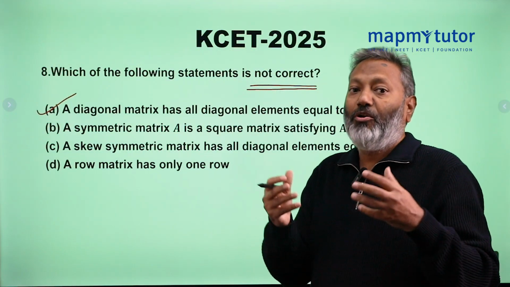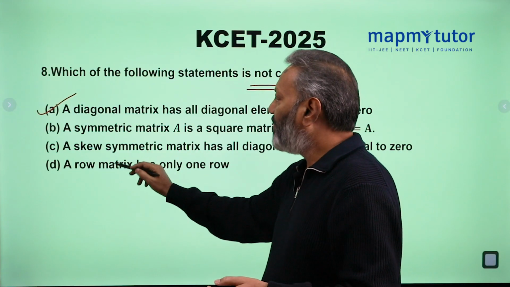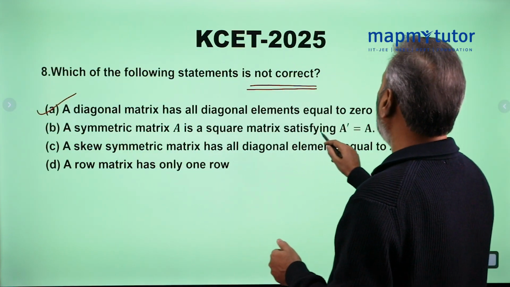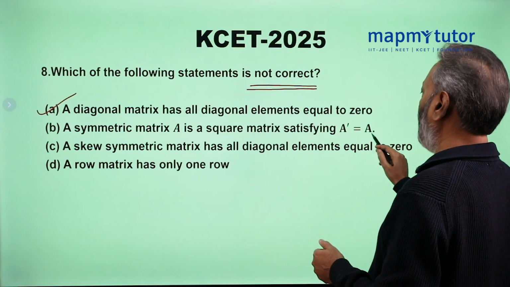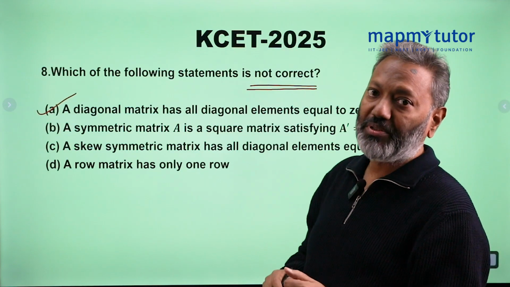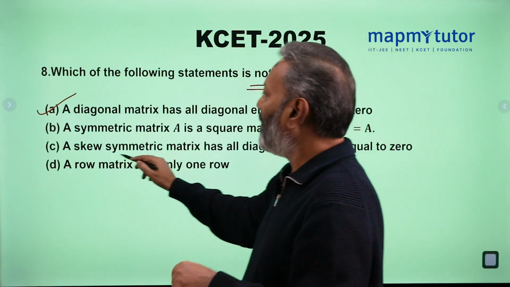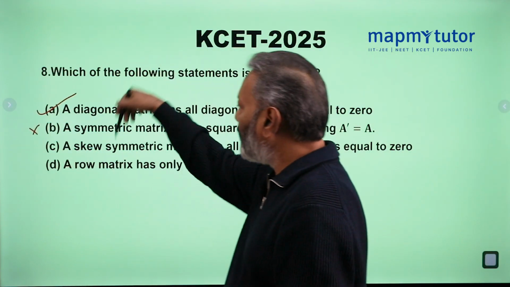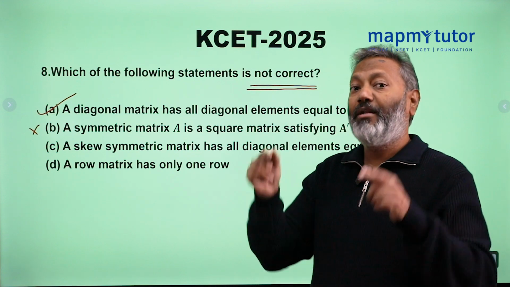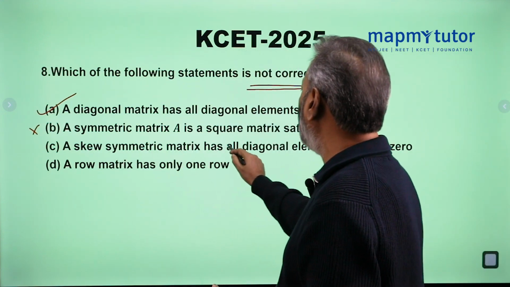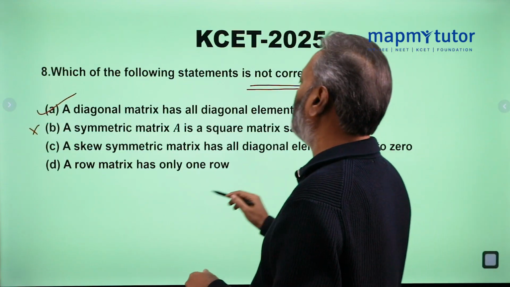Now, just for knowledge purpose, what about B, C, D? Let us check. A symmetric matrix A is a square matrix satisfying A dash is A, where A dash means A transpose. Of course, it is the definition of symmetry. That means this is correct, but according to our question it is wrong, because I am asking for the not correct statement. Don't confuse. A skew symmetric matrix has all diagonal elements equal to 0.